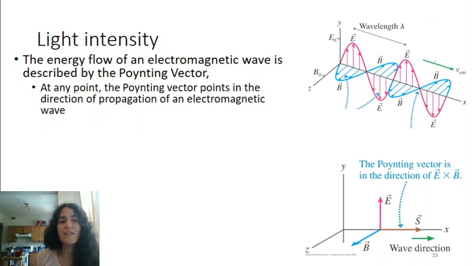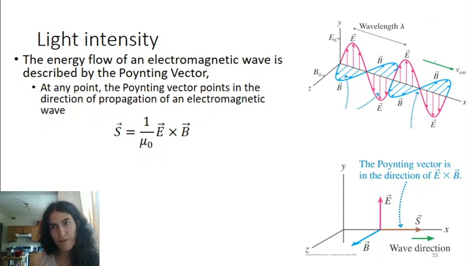So Poynting is actually named after a person, but I think it's actually very appropriate because the Poynting vector points in the direction of motion of the electromagnetic wave, right? So the formula for the Poynting vector is that it's proportional to electric field crossed with magnetic field, right? So let's all use our right hand. Move your thumb in the direction of the first vector, so electric field, and then pointer finger in the direction of magnetic field, right?